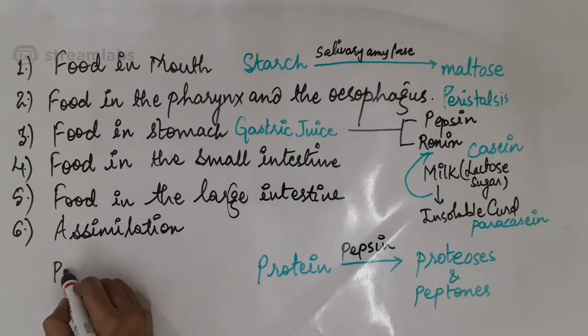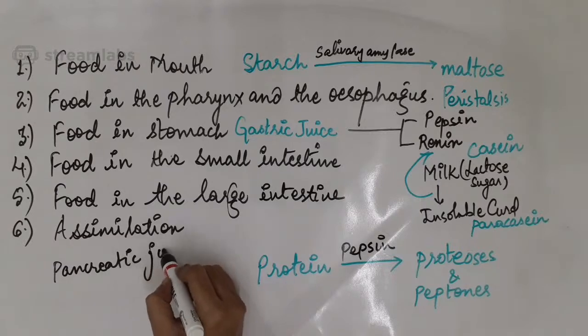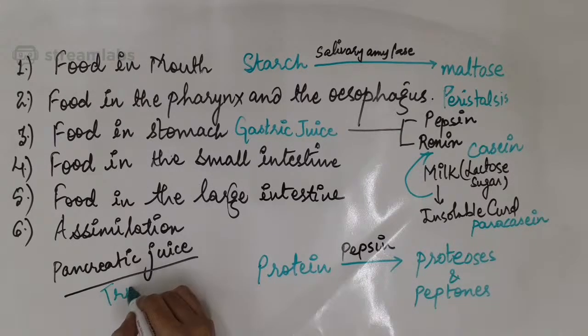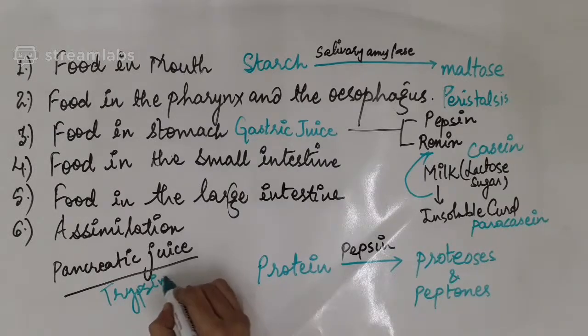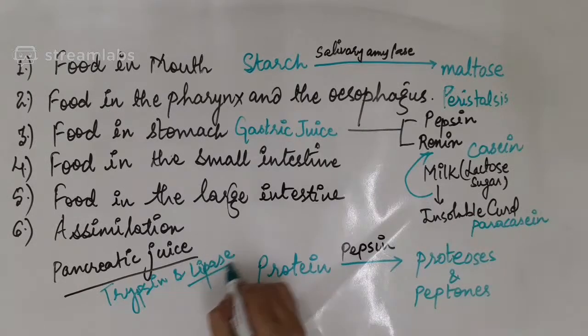And the pancreatic juice contains enzymes called trypsin and lipase. Trypsin and lipase act upon the proteins and fats and make them simpler.